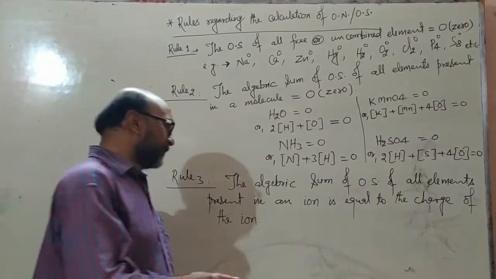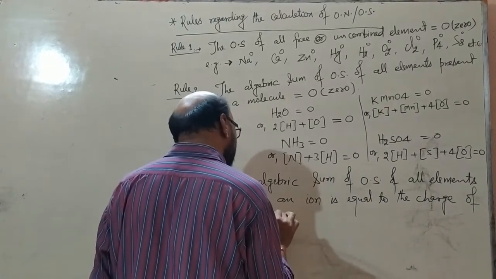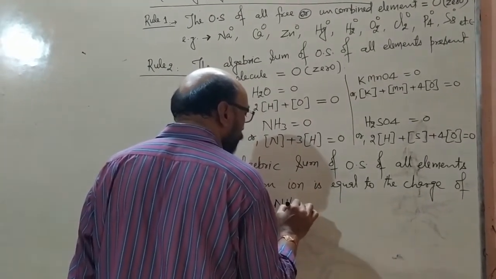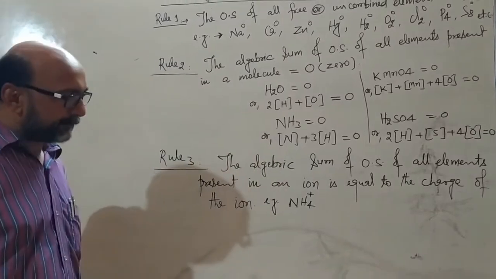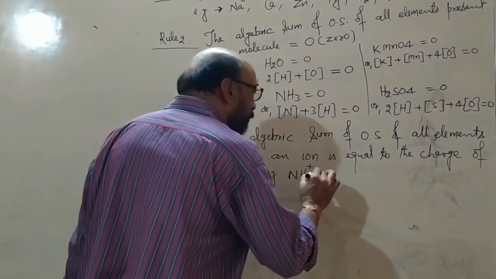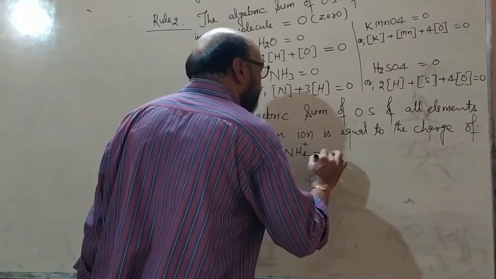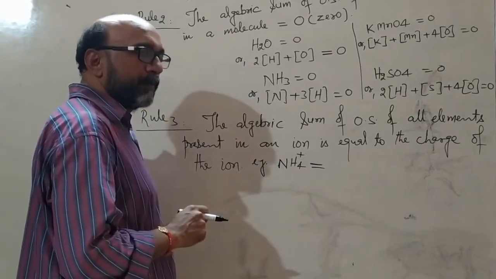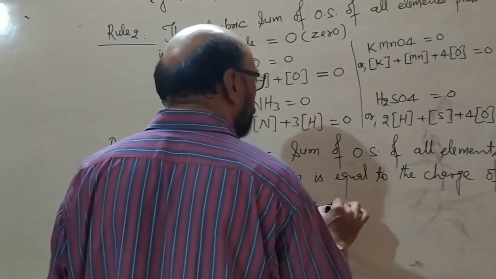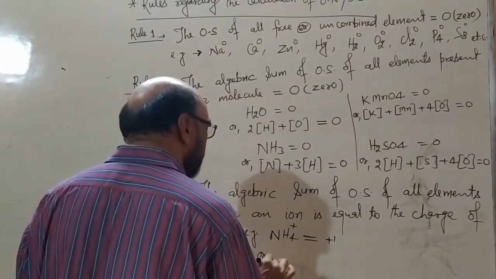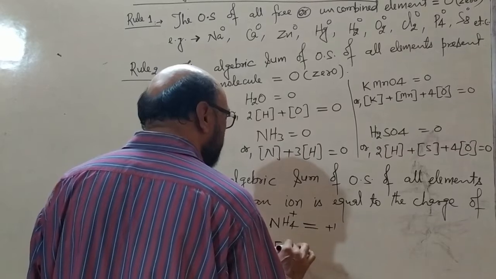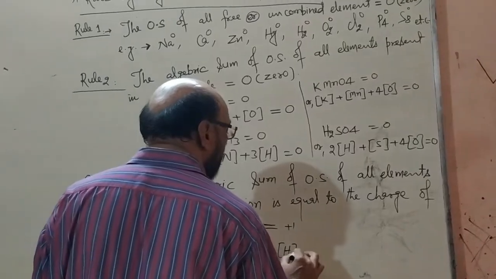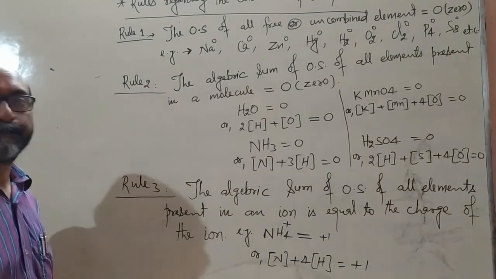Right? We can take examples like this. Example, say ammonium ion, NH4+. The total algebraic sum of the elements nitrogen and hydrogen present in the ammonium ion is equal to plus 1. What does it mean? It means the charge present on nitrogen plus charge present on 4 atoms of hydrogen is equal to plus 1.